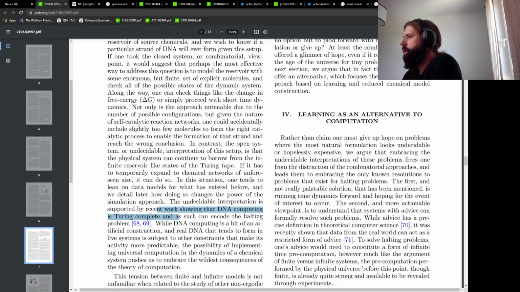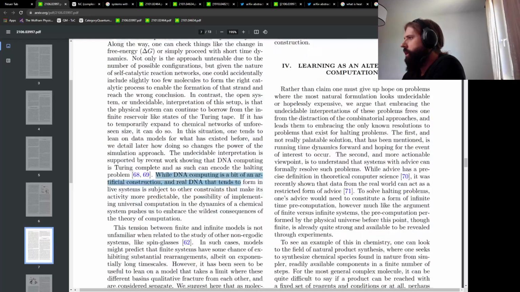Is Turing complete and as such can code the halting problem. Under evolutionary constraint, real DNA that tends to form in living systems is subject to other constraints that make its activity more predictable.